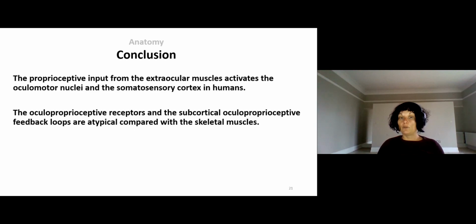I would like to conclude from this entire section: the proprioceptive input from the extraocular muscles activates the oculomotor nuclei and the somatosensory cortex in humans, and the oculoproprioceptive receptors and the subcortical oculoproprioceptive feedback loops are atypical compared with the skeletal muscles. So I hope that you too can see that this is a very interesting topic and a lot of research remains to be done.